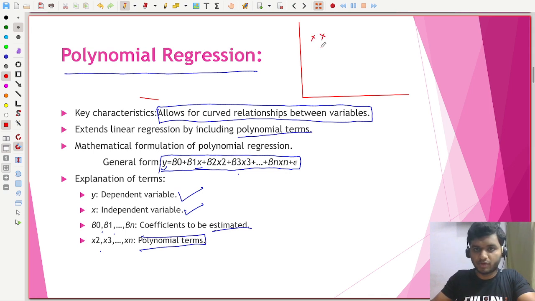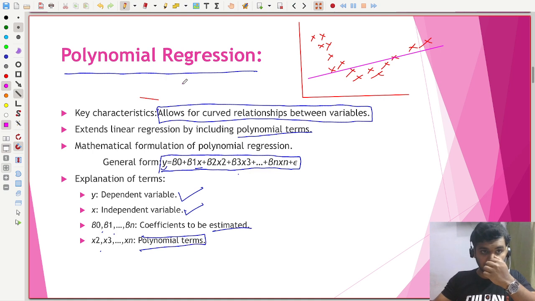If the points are like this, in linear regression the line is like this, but in polynomial regression, to reduce the error, the regression line will be like this.